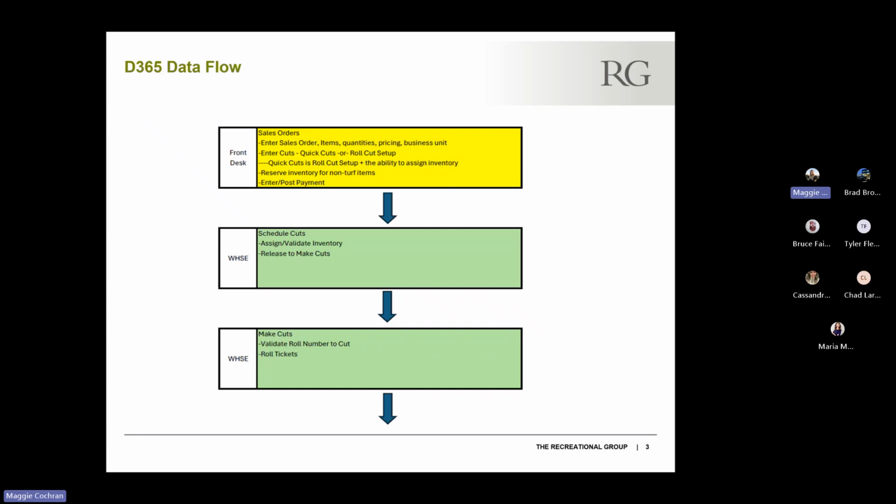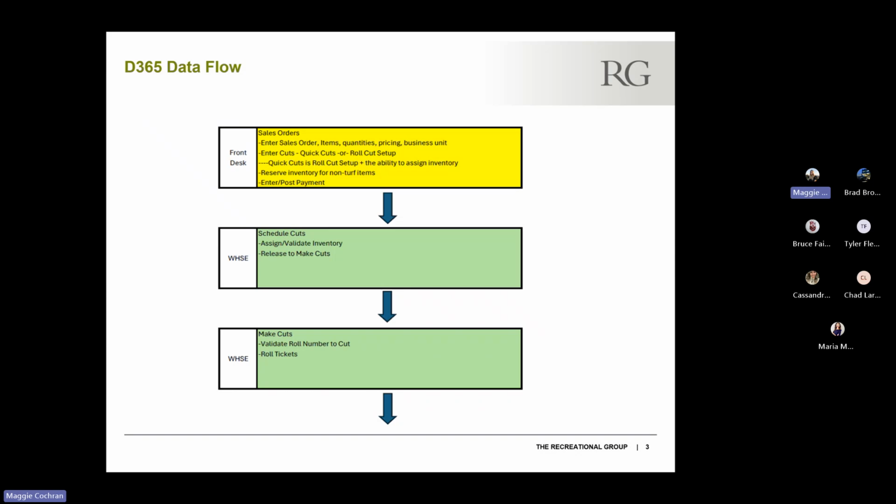But if they're wrong, you have to make sure they're right. On the sales order, the business unit value is where the revenue gets reported. So if you're in Dallas and one comes through for Austin and you didn't change it, that revenue is going to show up on Austin's books. Just so you know.